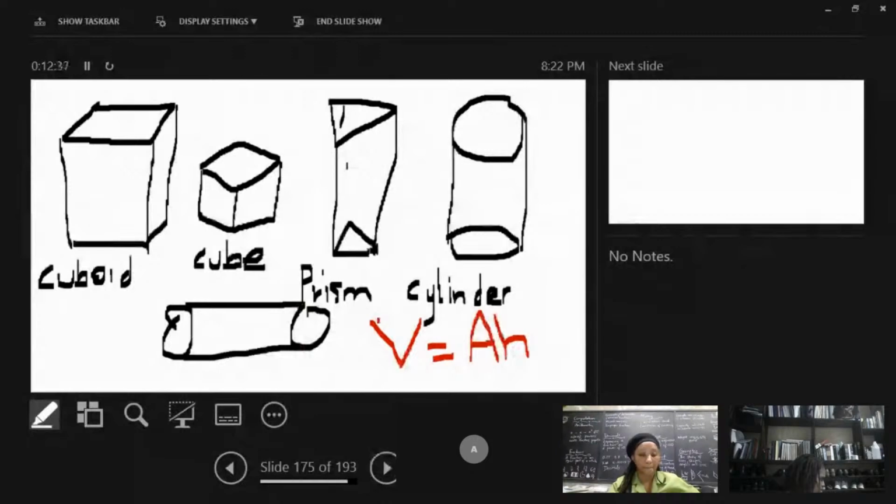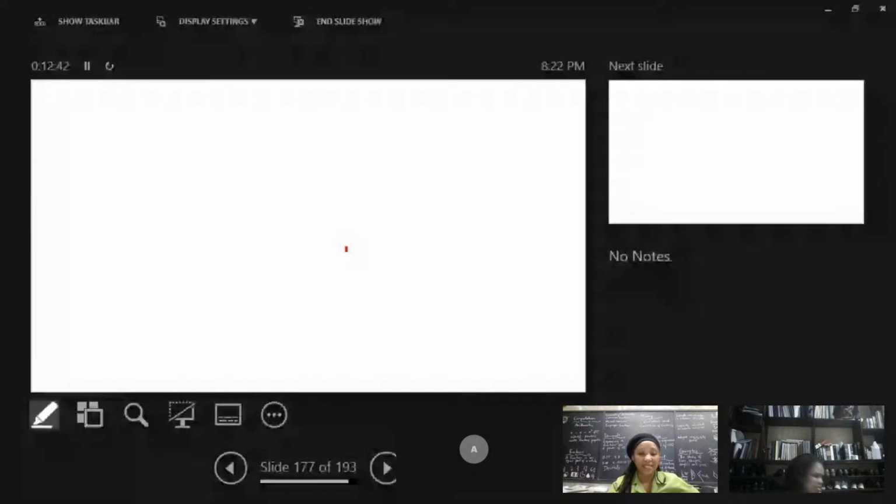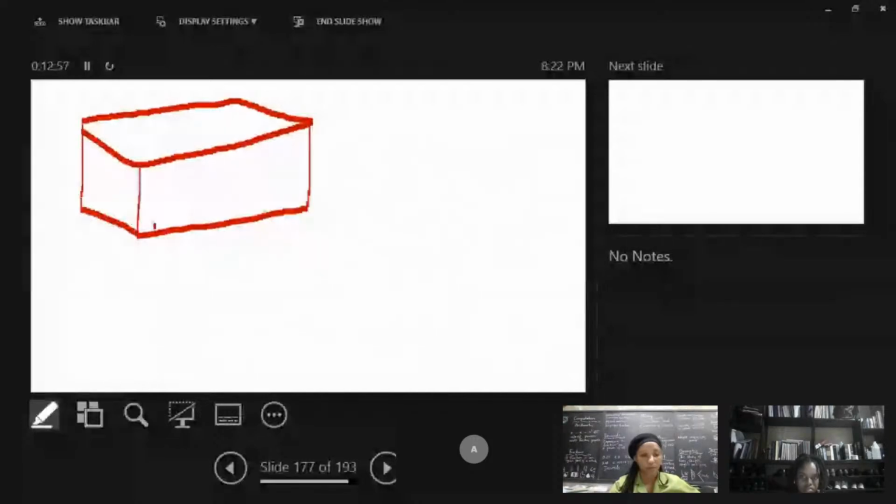So let's start with the simplest one, the rectangular or the square prism, so the cuboid and the cube. Is this a cuboid or a cube? Cuboid.